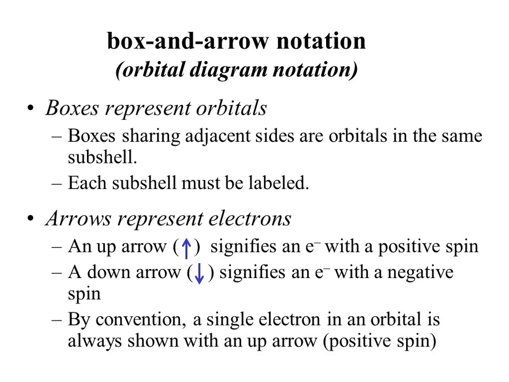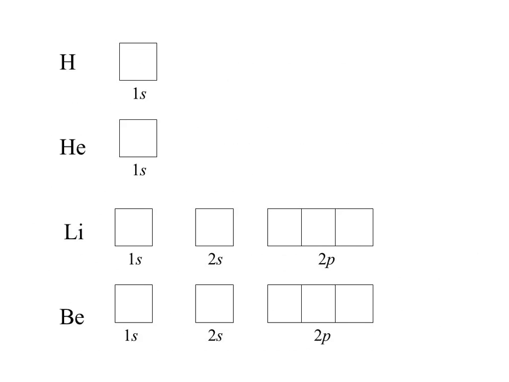The exclusion part is they have to be unique, and that's the last little bit that makes them unique. Usually the first to arrive has what we call a positive spin, so it's pointing up. But if you want to be a rebel, feel free to make it a downward spin. But if you put 2 electrons in any box, one better be pointing up and one better be pointing down. All right, so let's find some homes for electrons.